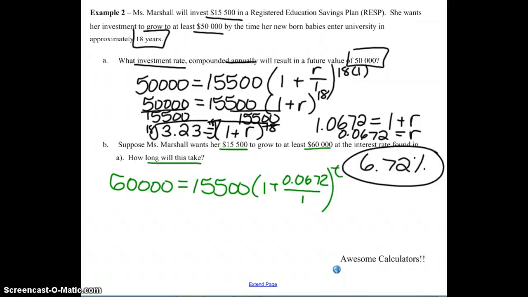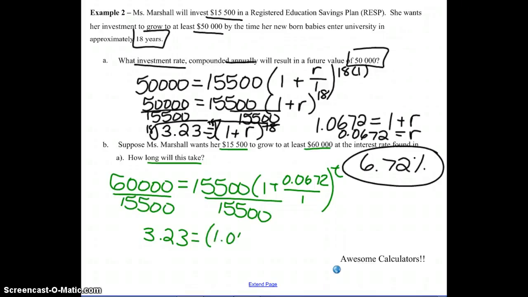So let's go through this in the same way. First we need to divide by the 15,500. And you'll get 3.87 equals 1.0672 to the exponent t.